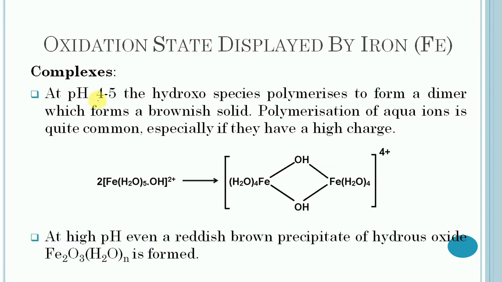At pH 4 to 5, the hydroxyl species polymerize to form a dimer which forms a brownish solid. Polymerization of aqua ions is quite common, especially if they have high charge. At high pH, a reddish brown precipitate of hydrous oxide with this formula is also formed.